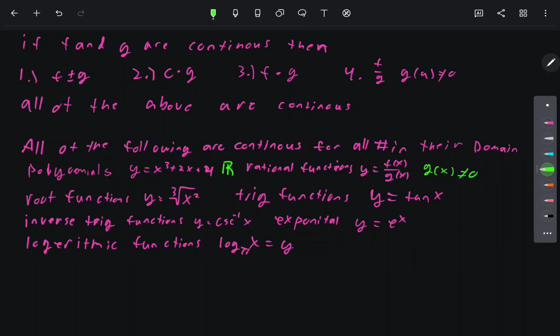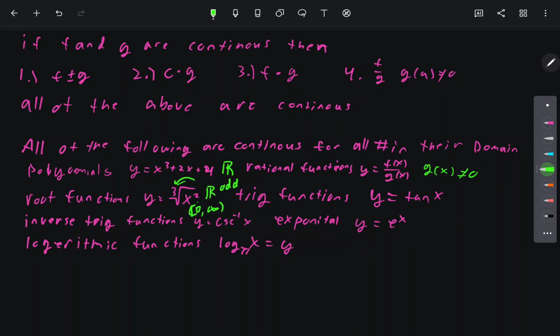A root function is continuous, and roots are kind of special, but it will be continuous for all real numbers if the root is odd, but it will only be for positive numbers, or greater than 0 to infinity, if even.